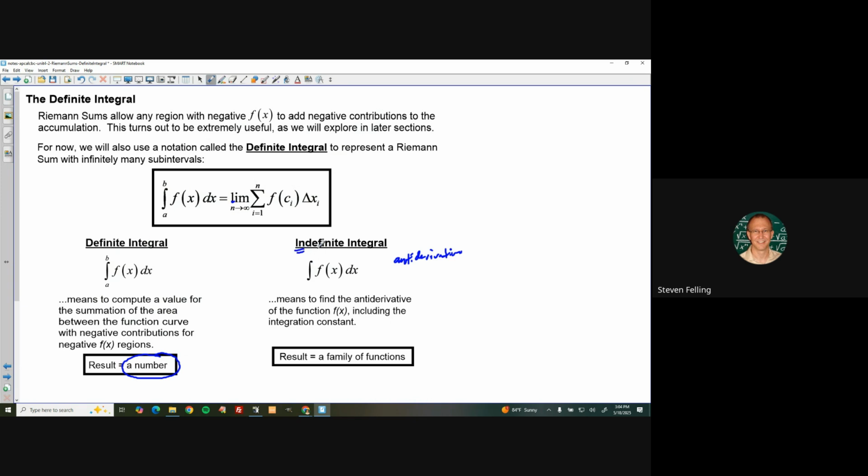So indefinite integral means the integral symbol without any numbers, and that means to find the antiderivative, including the plus c. So we're supposed to get a function plus the integration constant. So this will not be a number, it will be an expression. Okay?